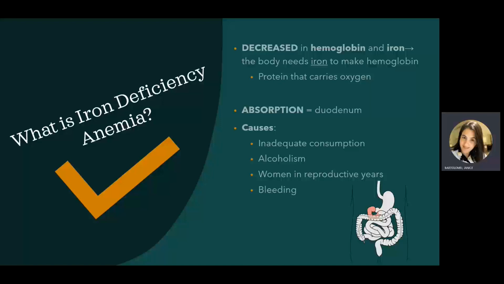A lot of alcoholic people just don't eat, and they basically don't get the nutrients. Women that have constant heavy periods, heavy menstrual cycles, or lots of births, like they've been pregnant for a while, could have anemia as well.